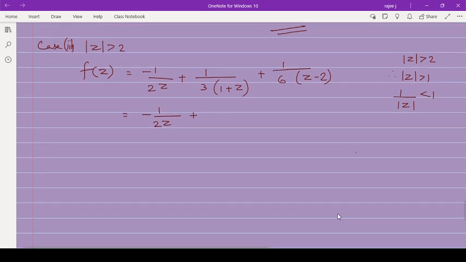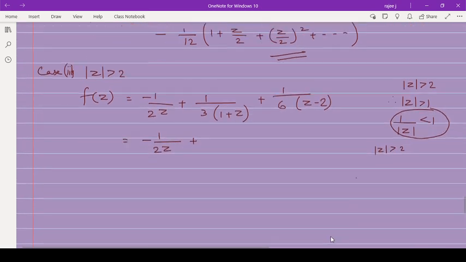Secondly, this was one case for the first term. Now here z minus 2 is there, so here also we need to do some adjustment, the same way as in the previous one.